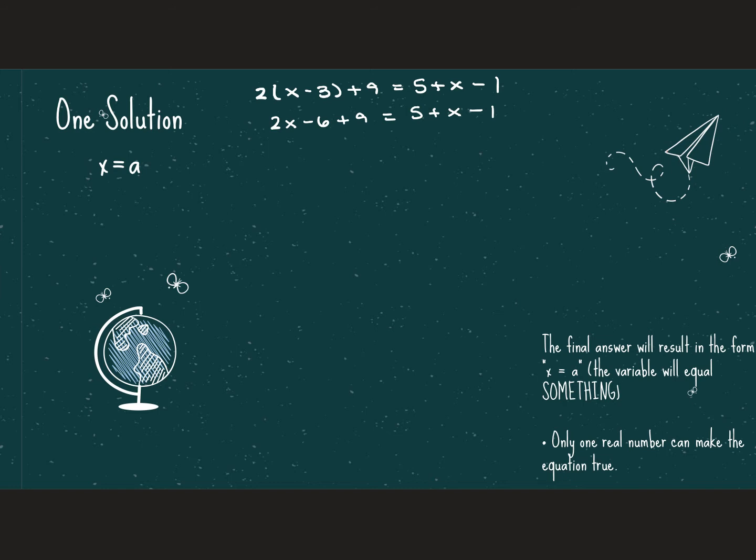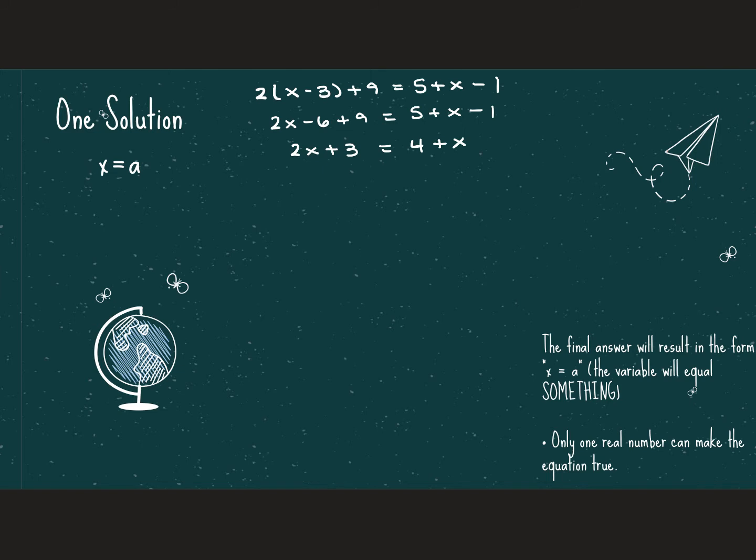Still looking at the left side, I have like terms: a constant of negative 6 and a constant of 9. Combining those together, I get 3. On the right side, I have a constant of 5 and a constant of negative 1, so I have 4 plus x.